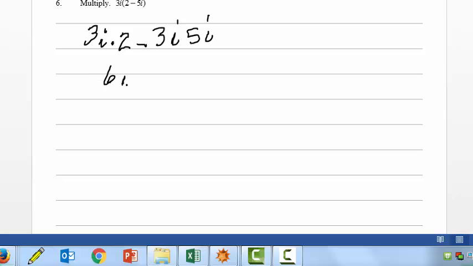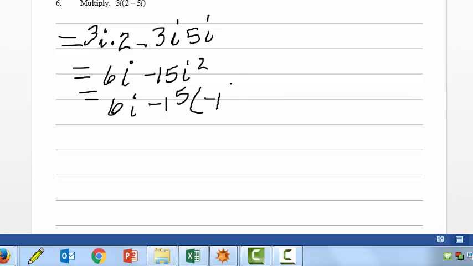So 6i minus 15i squared. And that's equal to 6i minus 15 times a negative 1, because i squared equals negative 1. So negative 1 times negative 15 is 15 plus 6i. That's my final answer.